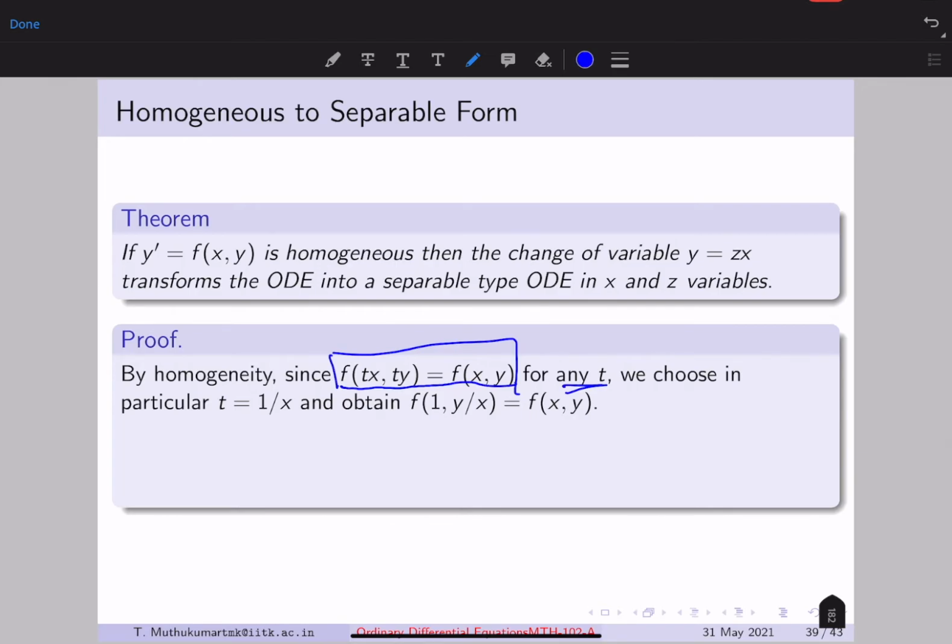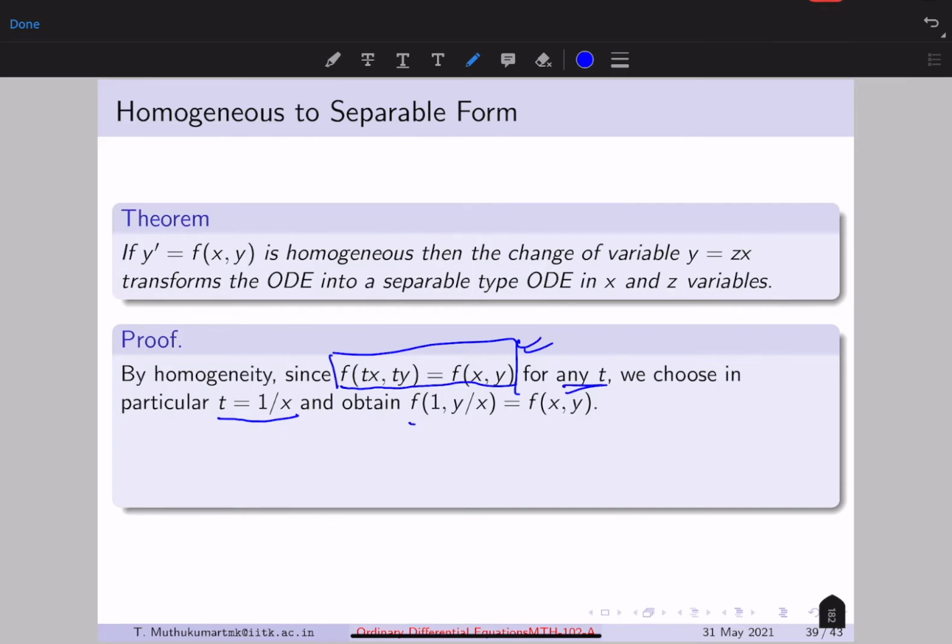So now we are going to choose a particular t, which is 1 over x. Since this is valid for any t, this is valid for 1 over x, for any x. So instead of t, I use t equal to 1 over x.